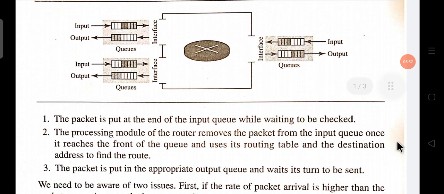These are the three steps. The packet is put at the end of the input queue while waiting to be checked. Then the processing module of the router removes the packet from the input queue once it reaches the front, and uses the routing table and destination address to find the route.